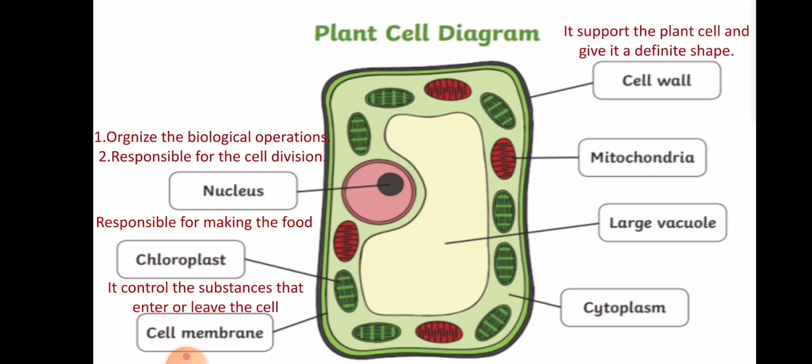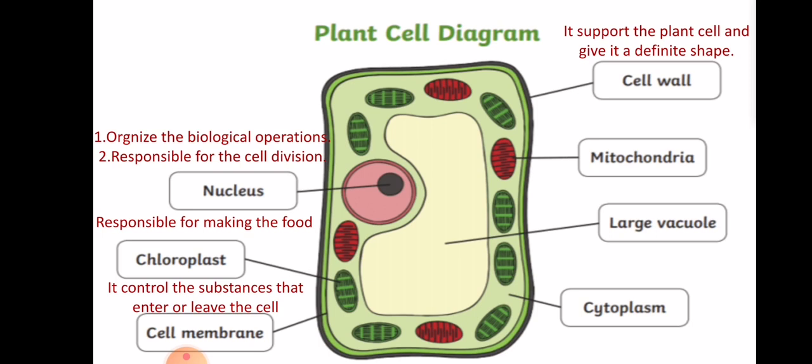In the next lesson, we will see the animal cell, and the animal cell doesn't have a cell wall, so it will not have a definite shape. So the cell wall supports the plant and gives it a definite shape. Then the cell membrane is like a door guard, so it controls the substances that enter the cell and get out of the cell.